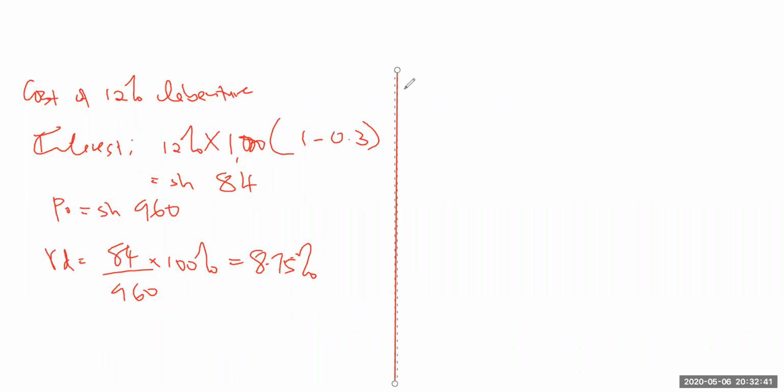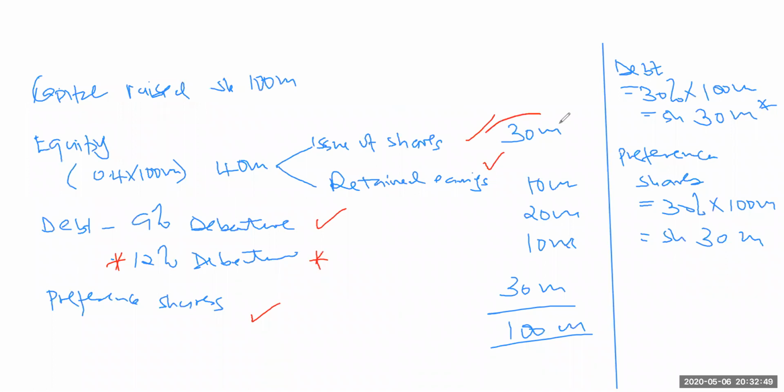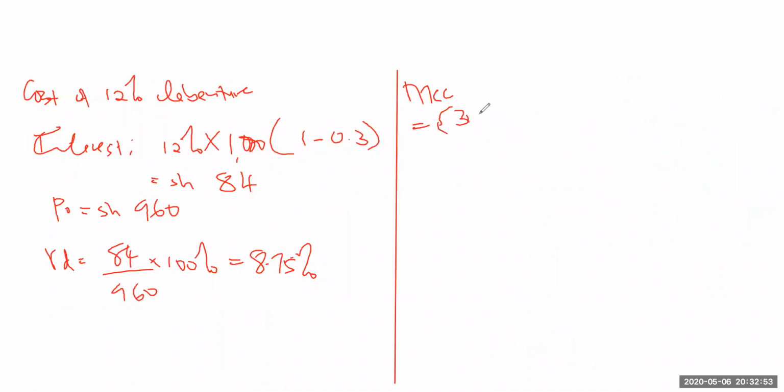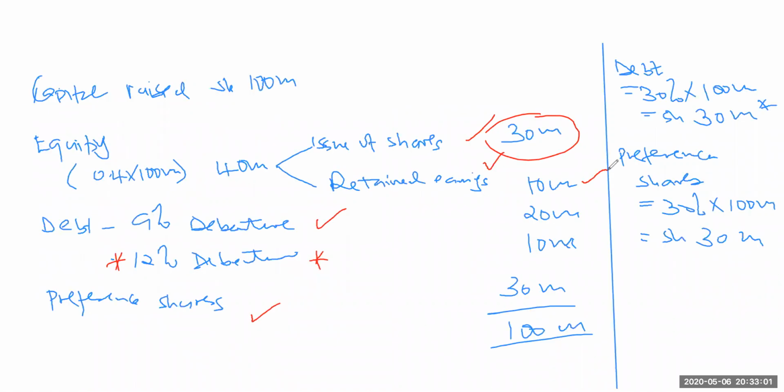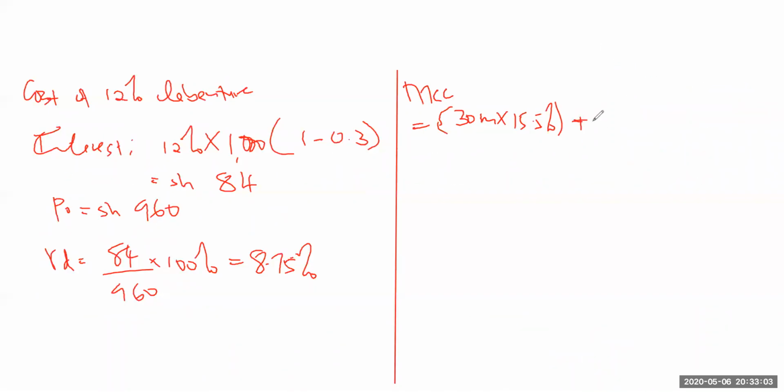Therefore, the marginal cost of capital, if the company raises 100 million: from issue of shares, we have said we're going to use 30 million at a cost of 15.5%. Then from retained earnings, 10 million at a cost of 15%.